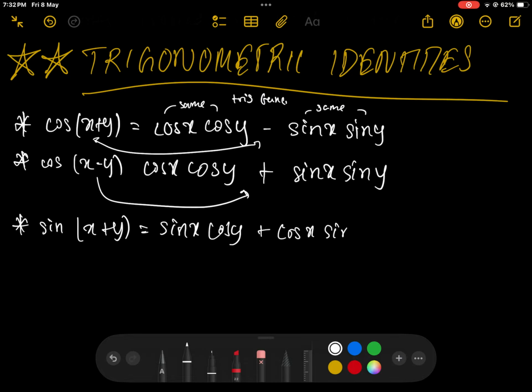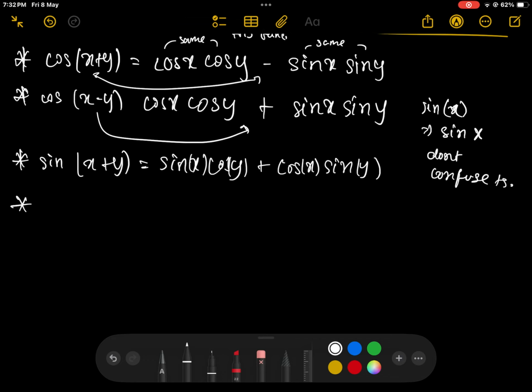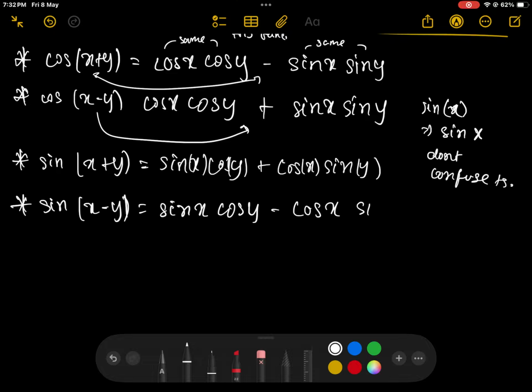Sin of x plus y does not have the same property as cos, where it has the same trigonometric function per term, so it's sin x cos y plus cos x sin y. Also, don't confuse sin x and sin bracketed x, because sometimes I'll neglect the brackets. Just don't accidentally cut them off the identity, the trigonometric ratio.